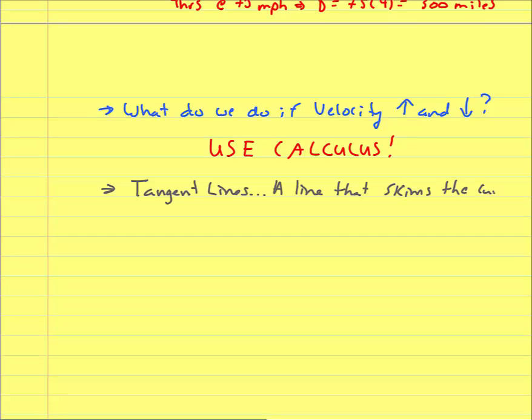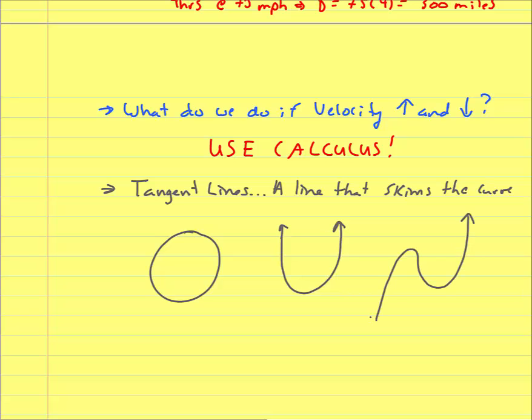Now we might have a more basic definition of tangent line based on what we have learned before. Usually the idea of a tangent line comes up when we are talking about circles. So let's go ahead and look at a couple different shapes here. This is always my favorite curve to work with.